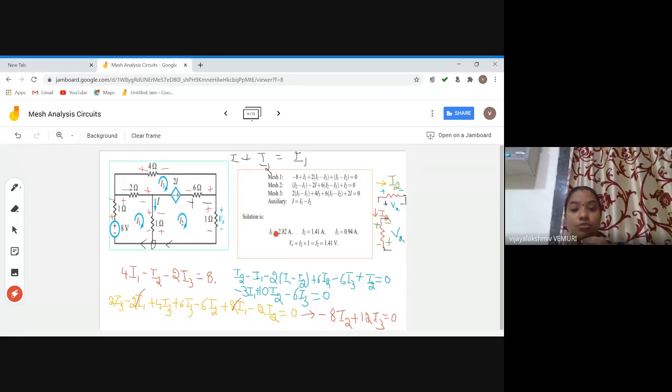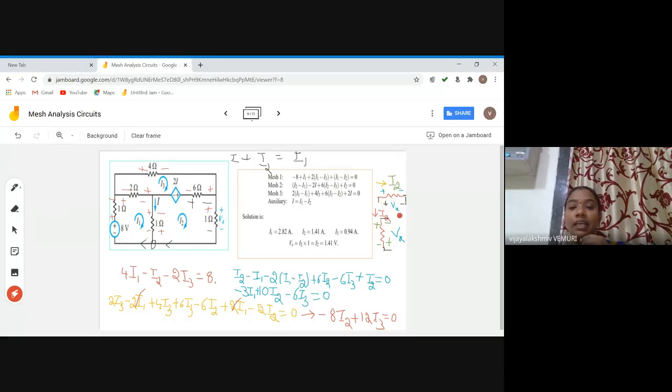I2 value is how much? 1.41. So minus Vx plus 1.41 is equal to 0. Taking 1.41 to the right-hand side, minus Vx is equal to minus 1.41, so Vx is equal to 1.41.